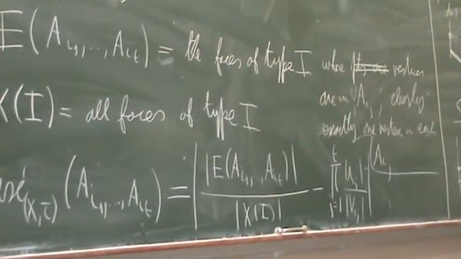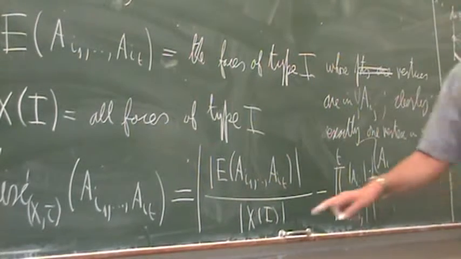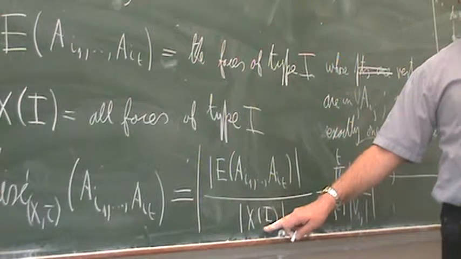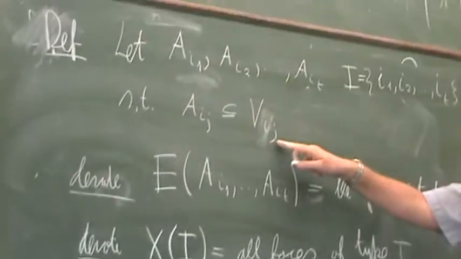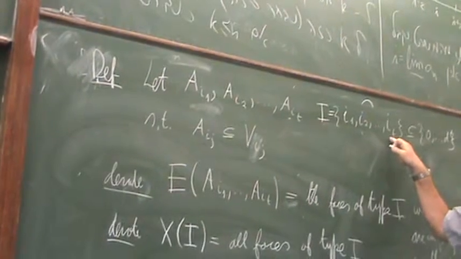But it's very clear. What I'm saying here is, I look at all the faces of type I. What are the faces of type I? These are the faces which have a unique vertex in each one of the V_{ij}, because I1 up to It is the set of colors.